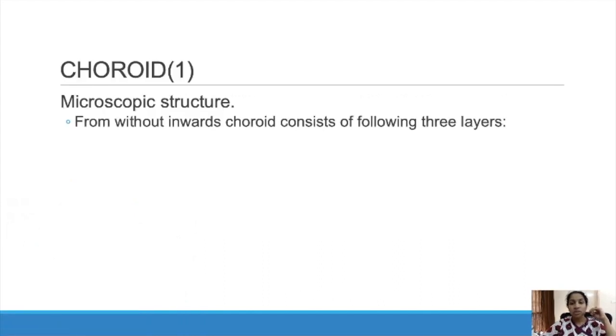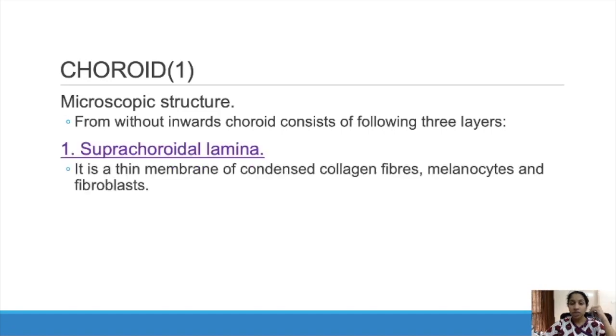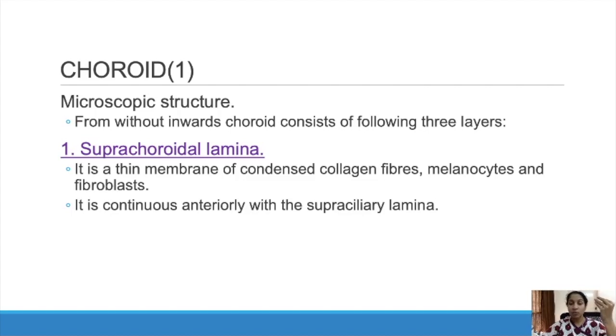Microscopic structure, it can be divided into three layers. Suprachoroidal lamina is a thin membrane of condensed collagen fibers, melanocytes, pigment cells, and fibroblasts.